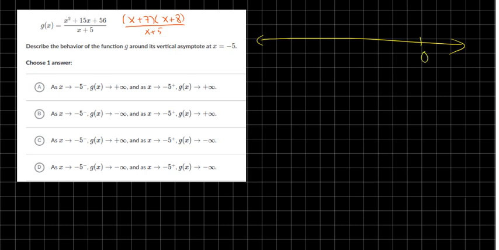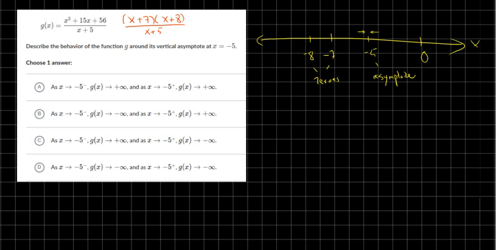So if this is our x-axis, then where x equals -5, x equals -7, and x equals -8, we've got some interesting stuff going on. Over here, these are zeros. And this right here is an asymptote. So we're going to try and figure out what happens as we approach from that side and as we approach from that side.